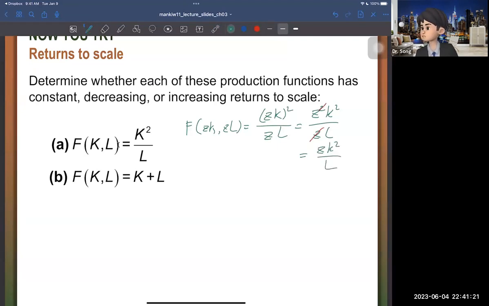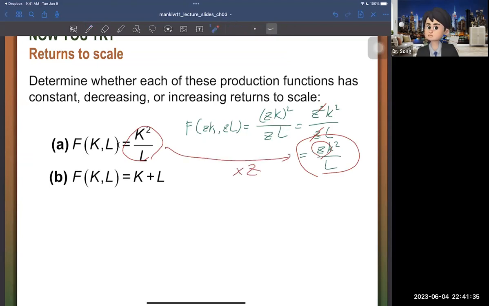What happened? You multiply by Z, and the output is multiplied by Z. So when you compare this and that, this is multiplied by Z. Again, you multiply your input by Z, and the output is also multiplied by Z, right? So that means the first one is constant returns to scale.